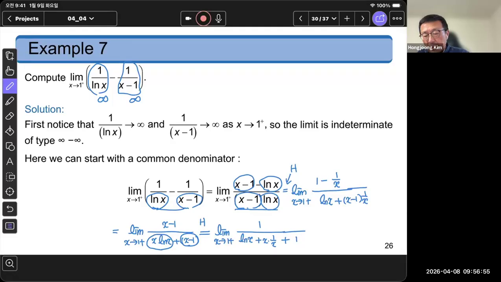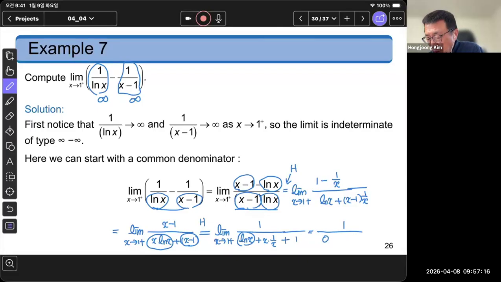In this case, the numerator is always the constant number 1. What is the limit of log x as x approaches 1? 0. The limit of log x is 0.